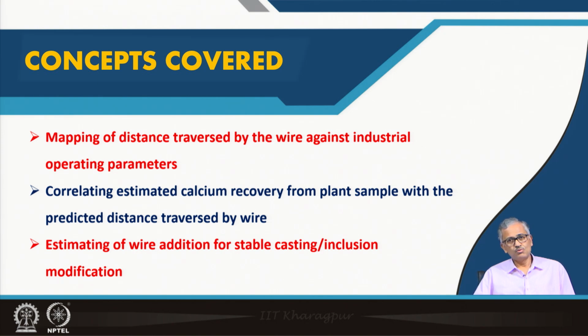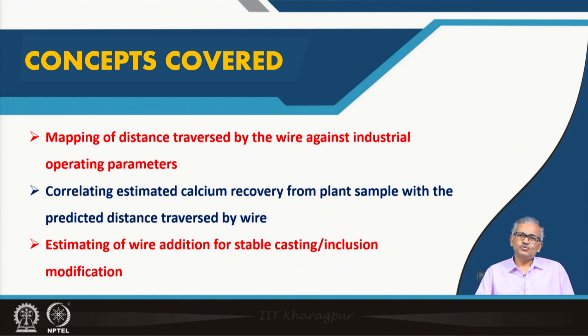So we need to correlate the calcium recovery with the distance traversed by the wire in the liquid steel. Then we will also discuss estimating the wire addition, how much wire is actually needed. In industry, since we do not know the optimum operating parameters for maximum calcium recovery, we just arbitrarily use the amount of wire addition. We do not have any idea, and in most cases we add much more wire than is needed.